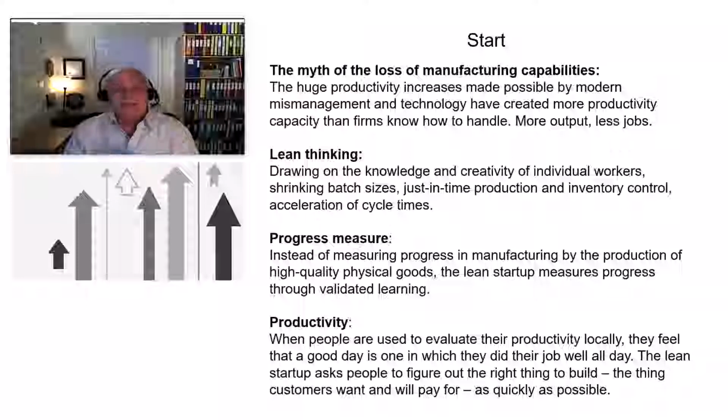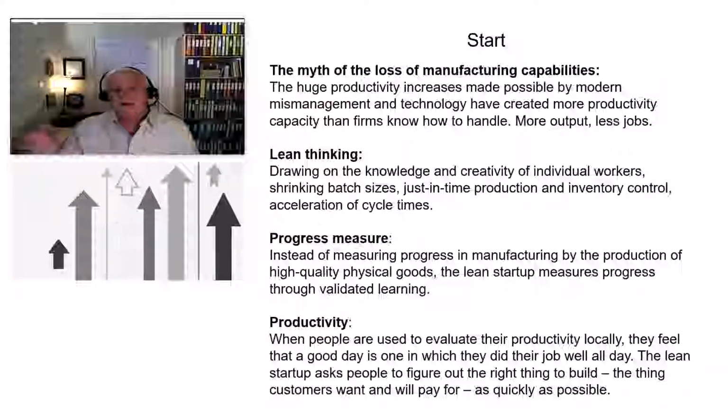So from a lean perspective, lean thinking draws on the knowledge and creativity of the individual workers. We actually talk to the workers and say, what could you do more effectively or efficiently? How can I break these barriers for you? What can we do to make things easier? And we bring batch sizes down into smaller batch sizes.